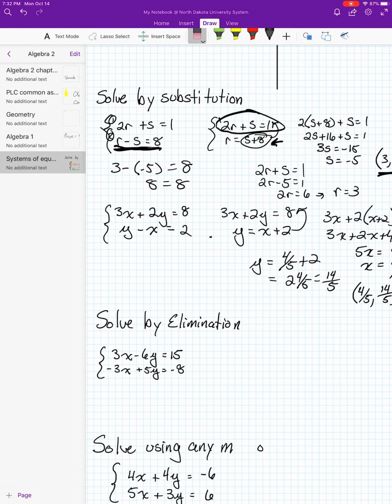Solving by elimination. Anybody remember this? So what we want to do in this case is very much like substitution. In both cases we want to get our two equations of two unknowns, and we want to eliminate somehow one of those unknowns, because we can't solve two equations for two unknowns without eliminating one of them.